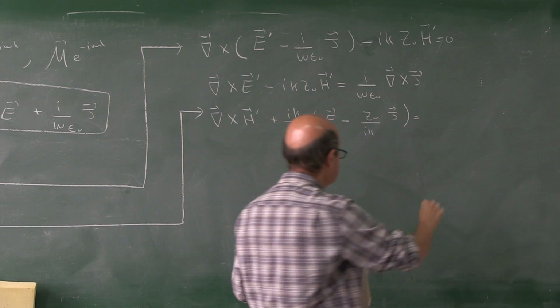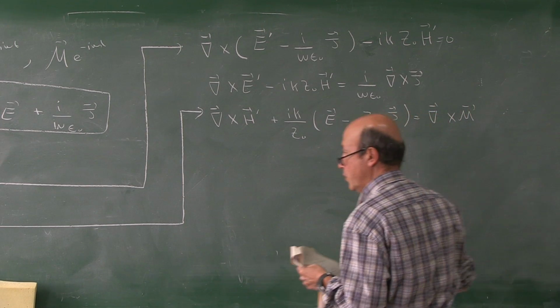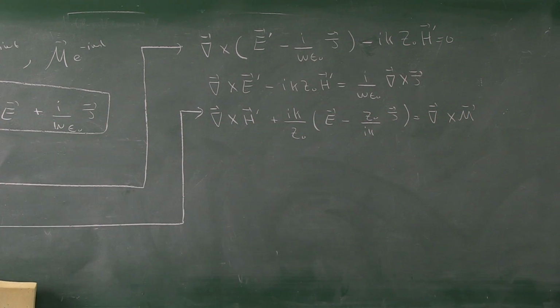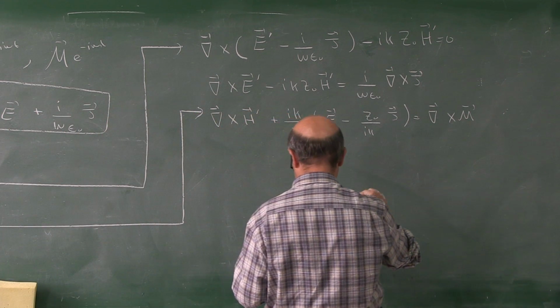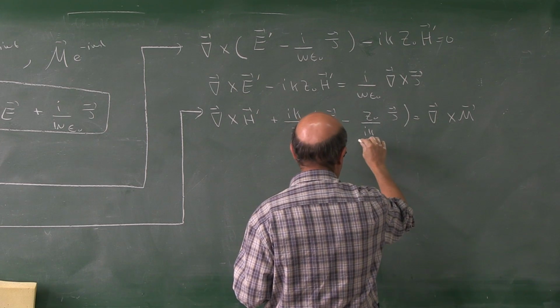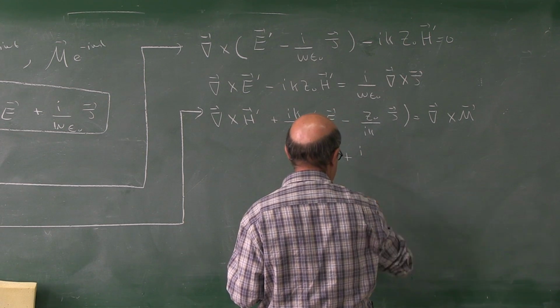The whole stuff should be equal to curl of magnetization. So if you take this to the left, you can see one thing here nicely and quickly. This term is equivalent to, take the I up, that will be plus.